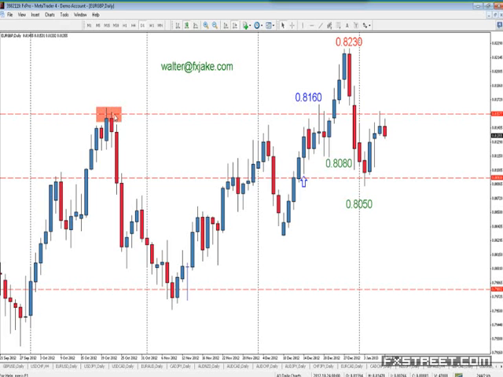Now, some people might have the horizontal line drawn here, at the close, at 81.52. Some people might have it at the high up here, at 81.64. Some people might have it at the high of this red candle for some reason, at 81.59. I don't know. But the basic idea is that somewhere in this range of about 10 to 15 pips, people are going to be looking for the market to reverse.